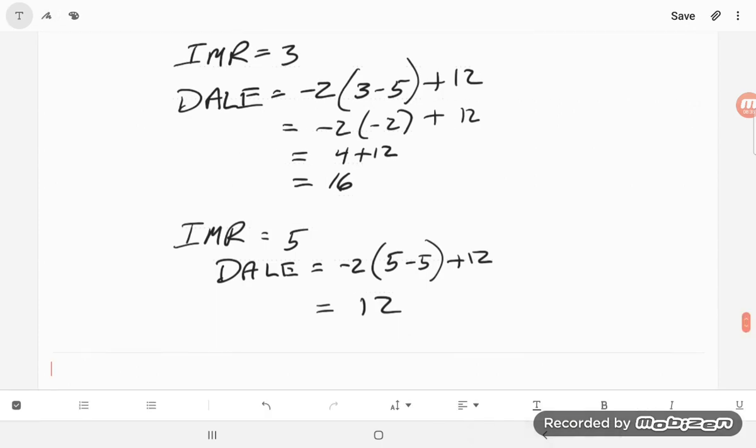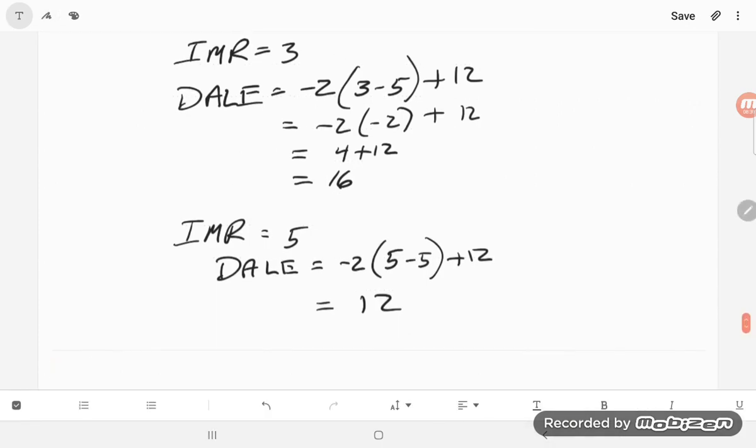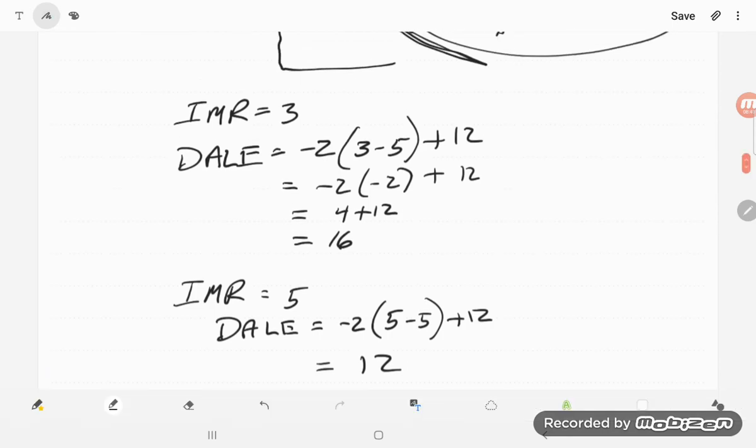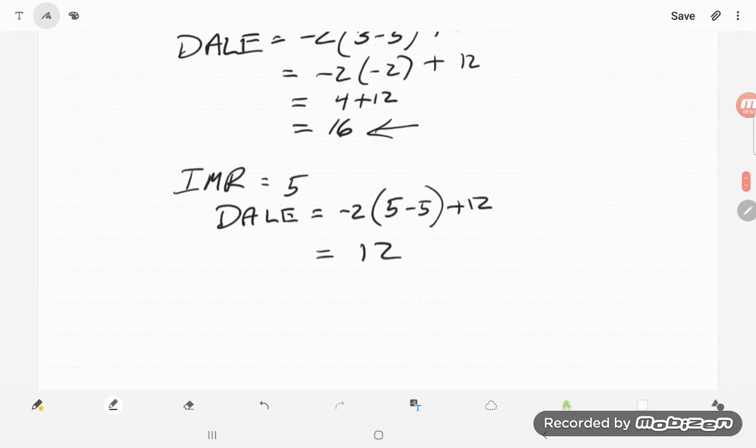If I had a published report that a given country had an IMR 3, I'd say its Dale probably ought to be somewhere around 16. And similarly, if I got a published report that its IMR was around 5, then its Dale would be around 12.